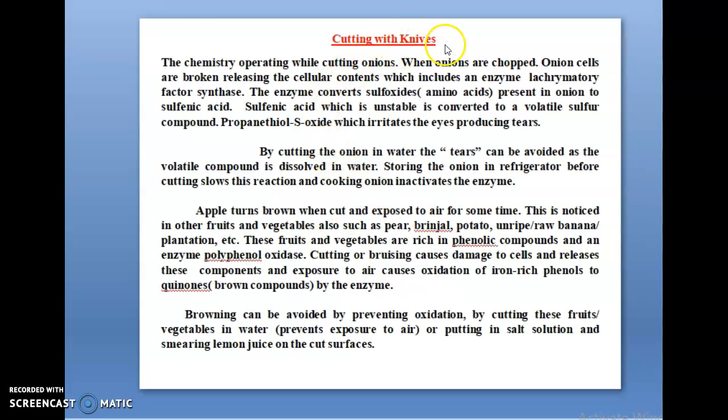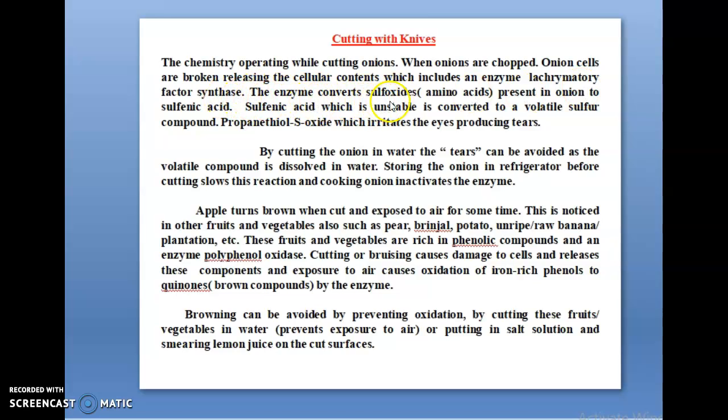Next one, see cutting with knives. The chemistry operating while cutting onions: when onions are chopped, onion cells are broken, releasing the cellular contents, which include an enzyme, lachrymatory factor synthase.